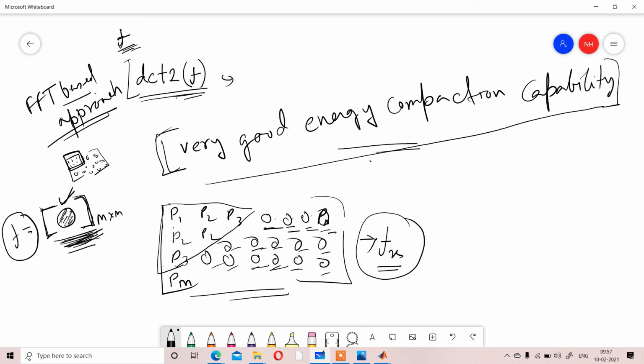That may not always happen, but if we can reduce the other information to some smaller values, what will happen? Size will reduce.